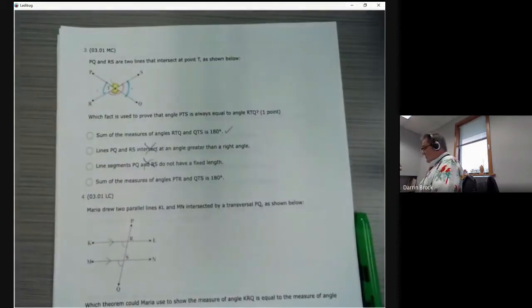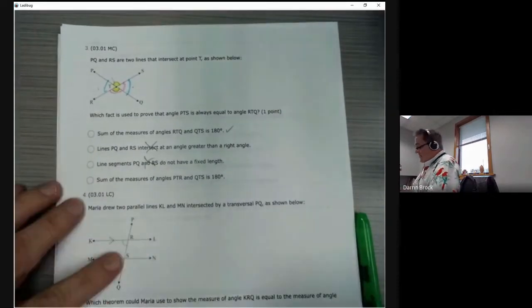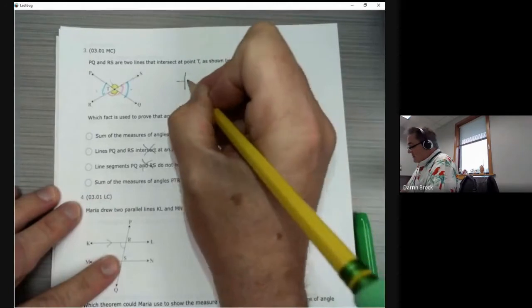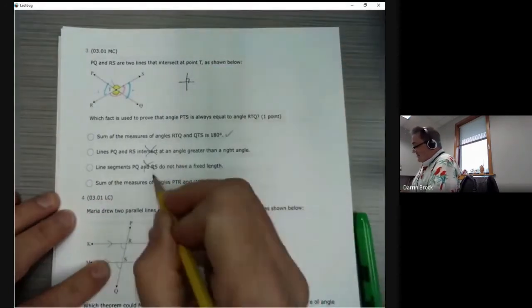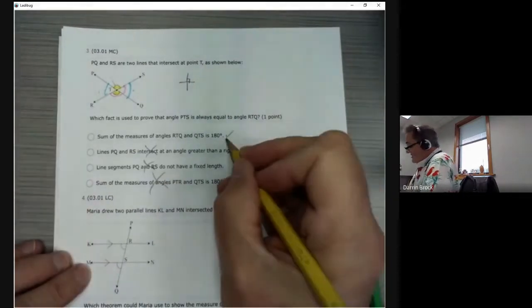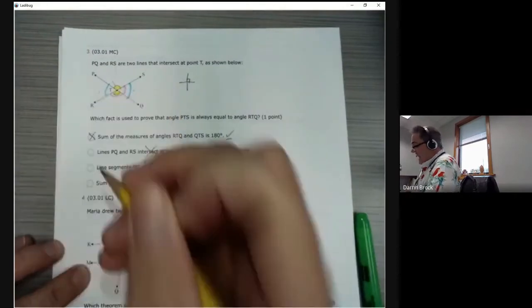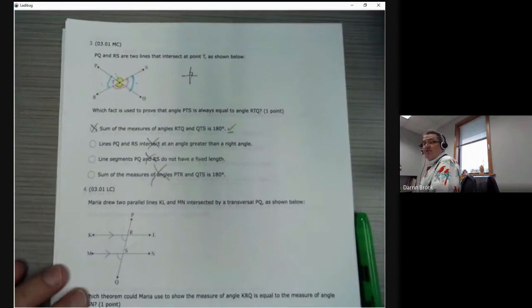They have to be the same. Well, they're not perpendicular. It's not at a 90-degree angle. If it was at a 90-degree angle, then opposite angles would be 90 degrees. And so that's not true. It's only true in one specific case, and it's not true here. So this is the only statement that's even true. So that has to be the fact that we used, just because those others aren't even true for this diagram.